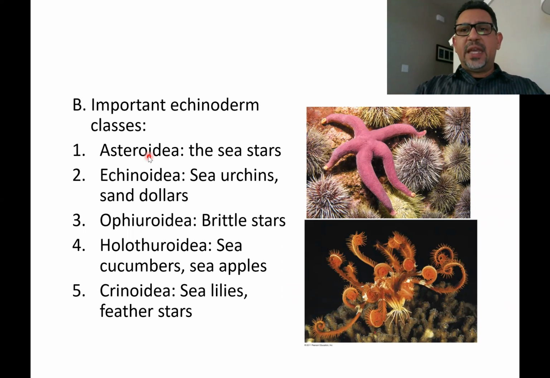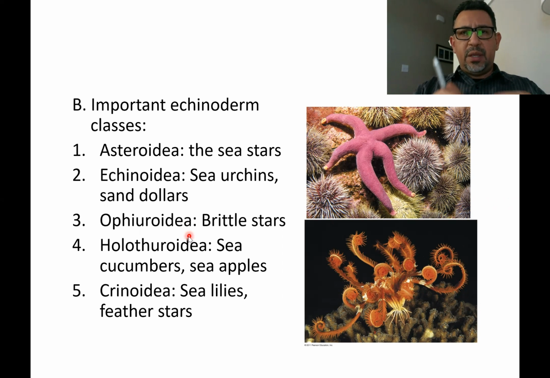We also have the class Echinoidea, which is the sea urchins. Here in this picture, you see examples of sea urchins. The body is like a disc, and that disc has spines that provide protection for the animal. The Ophiuroidea, the brittle stars, are also animals with 5 arms, but the arms are fragile and easy to break.